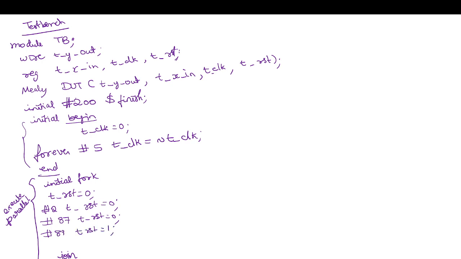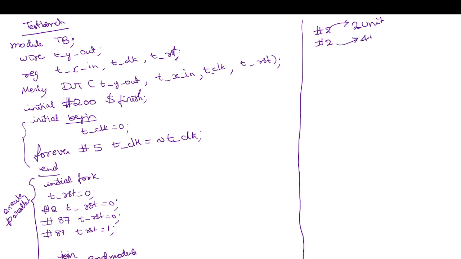So previously, when we were defining this inside the always block alone without the fork and join, that time we were saying #2, #2. If there are two statements, then this will be at 2 units and this was at 4 units when this was inside the initial block.